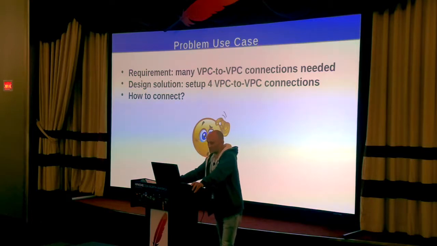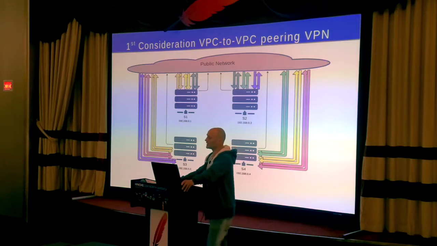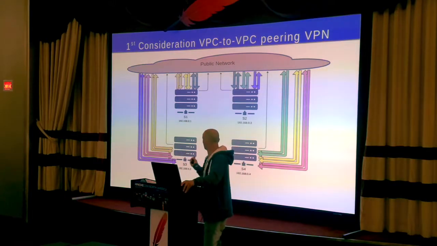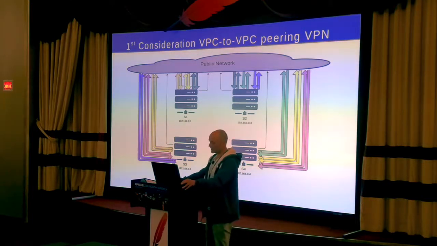So here's what we tried. First of all, we tried to peer using VPN connections. Here's a representation of how many VPN connections are actually involved when trying to peer only 4 VPCs.